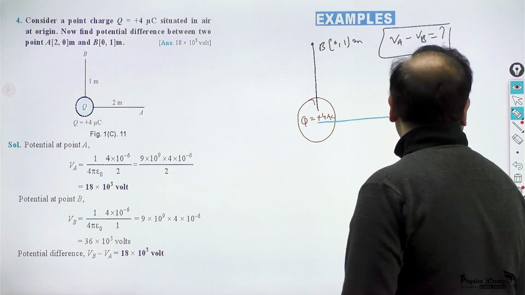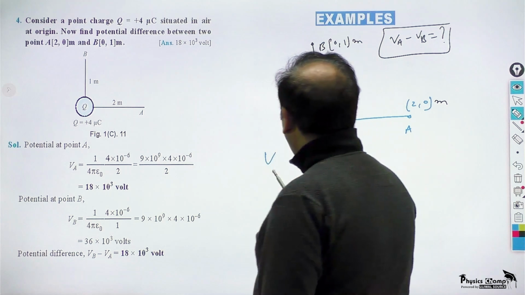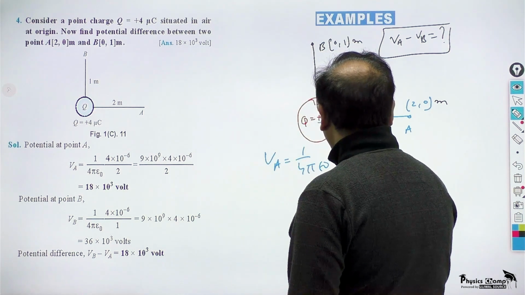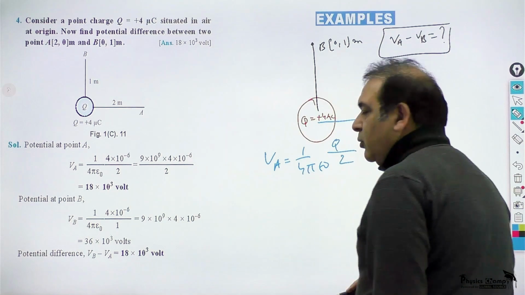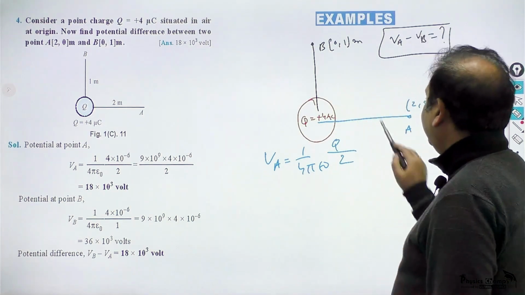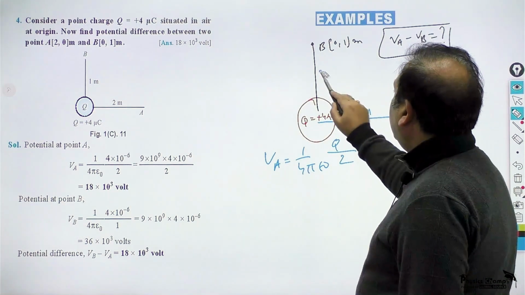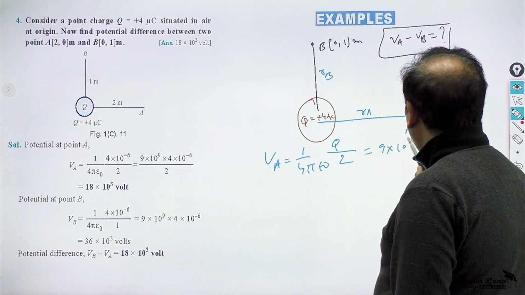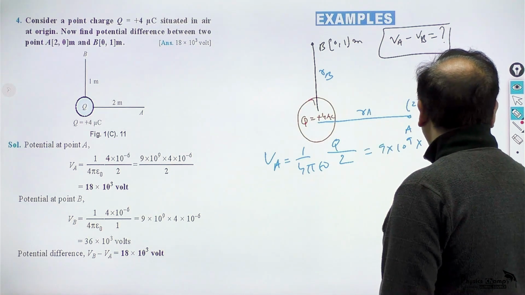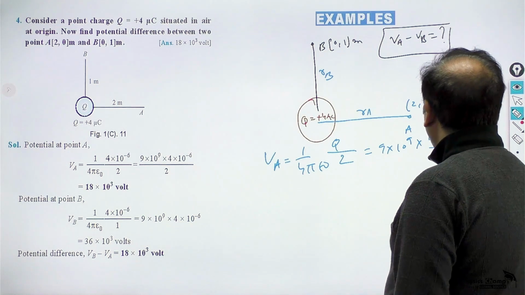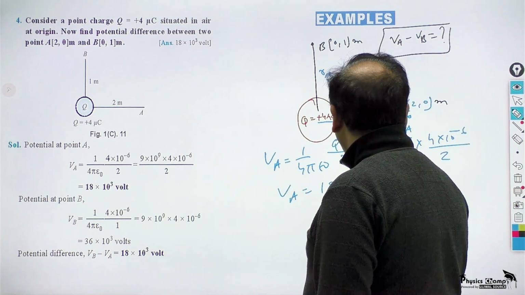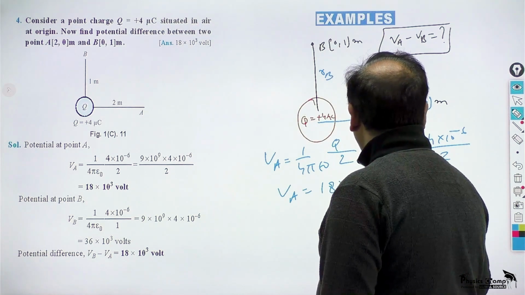So, very simple question. If I say what is VA, it will be 1 by 4 pi epsilon naught Q by RA, let's call it RA, and let's call the other RB. It has no direction, so it will be 9 into 10 to the power 9 into 4 into 10 to the power minus 6 divided by 2. So the potential at A comes out to be 18 into 10 to the power 3 volt.